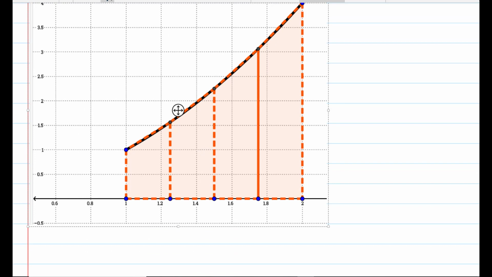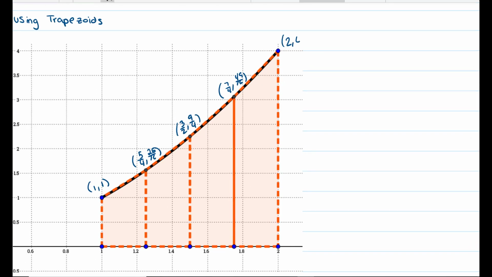So if I label these points, I get 1, 1, then 5/4, 25 over 16, and I'm getting these y values from plugging the x value into x squared. 7 over 4, 49 over 16, and the last one is 2, 4.